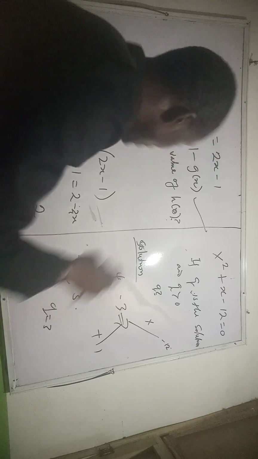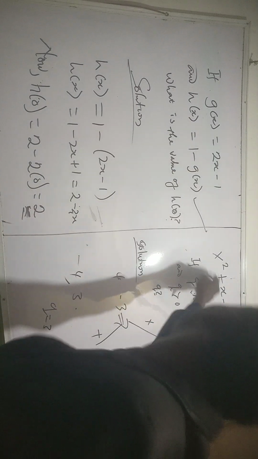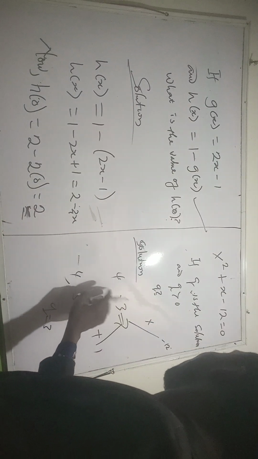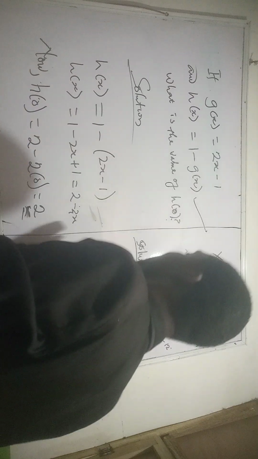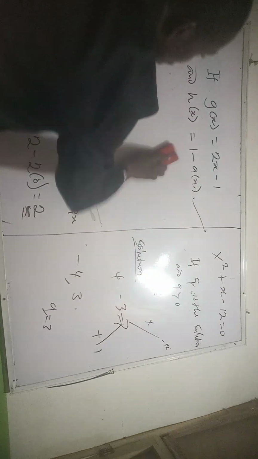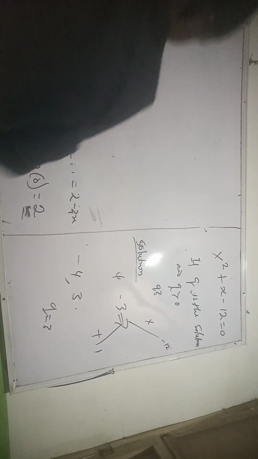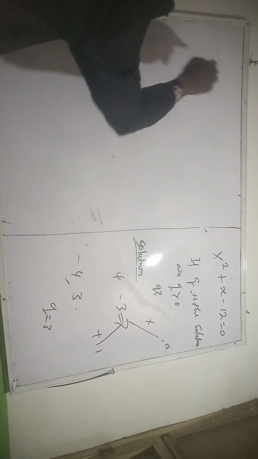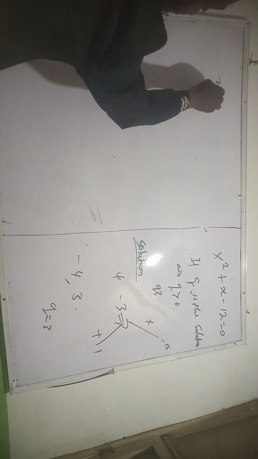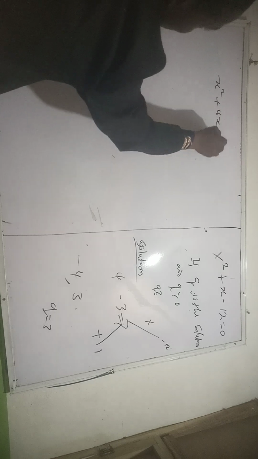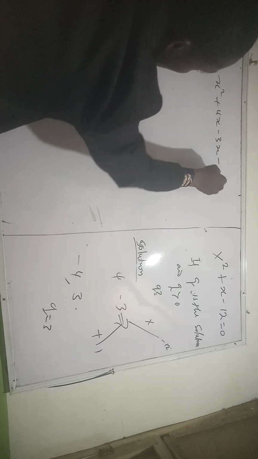You can also do what we did in the other one. After we have gotten that 3, you can go further. I don't want the video to be too long, so that's why. You can go further and say x squared plus 4x minus 3x minus 12 equals 0.